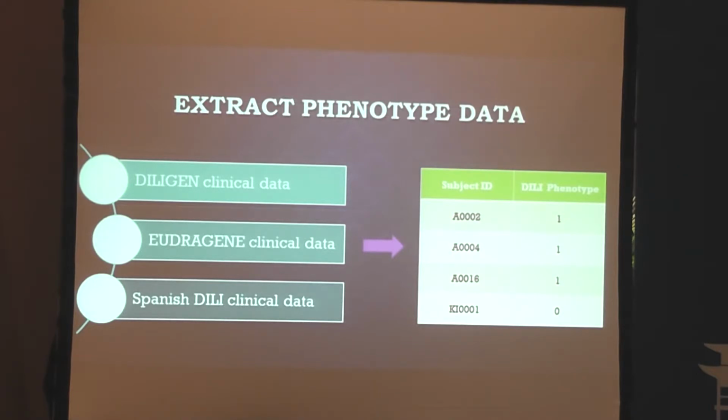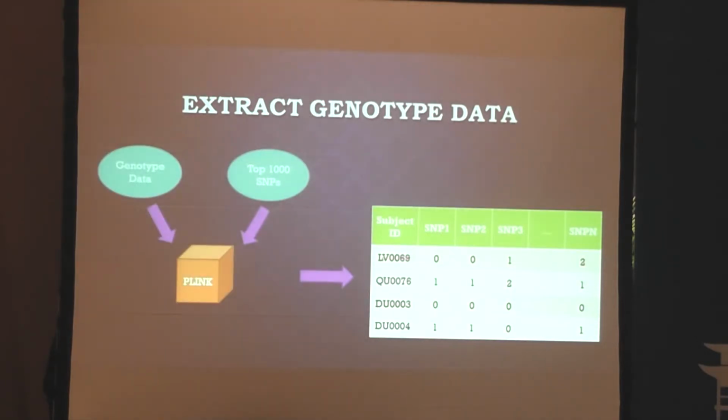So we collect the clinical data from these 3 groups of patients and then convert the phenotype into numeric data. The second step is to extract the genotype data. As I mentioned before, the genotype data is adopted from the previous studies, so we just use it.